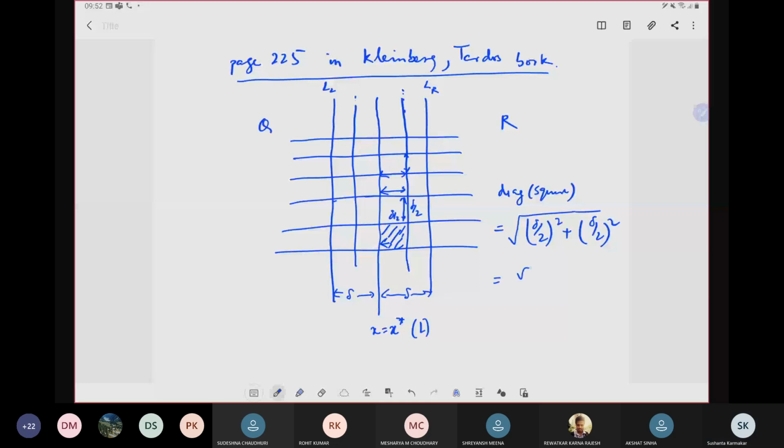Square root of 2 is approximately 1.414, so this is less than delta.